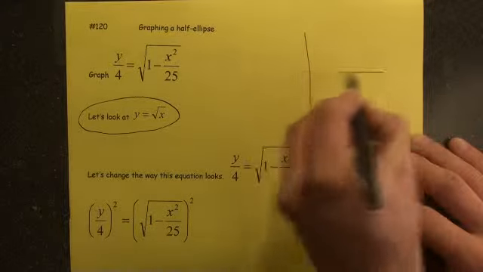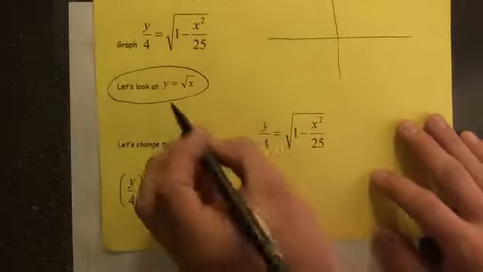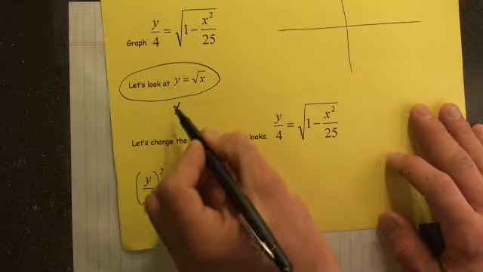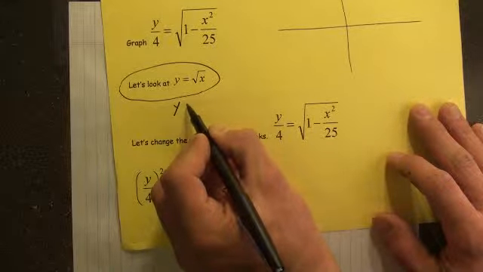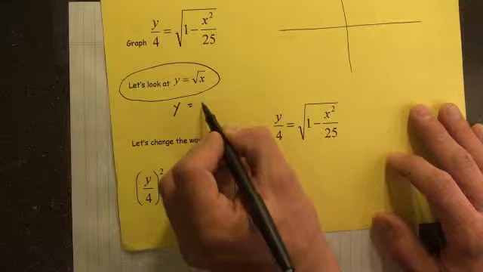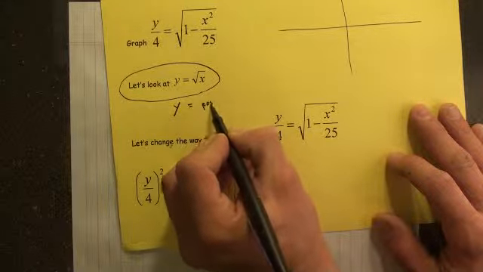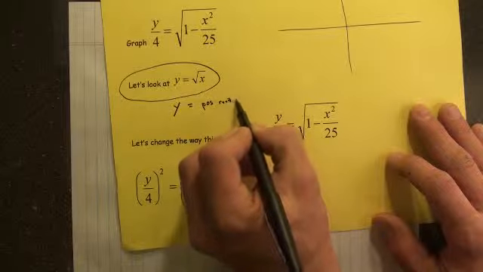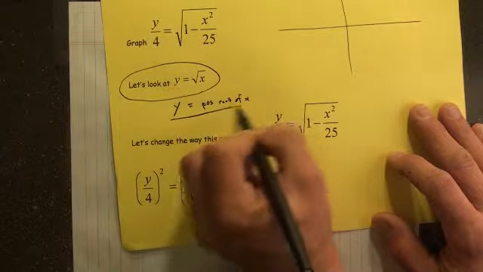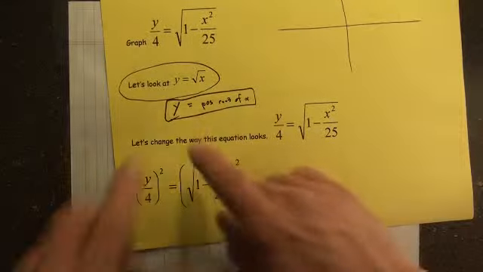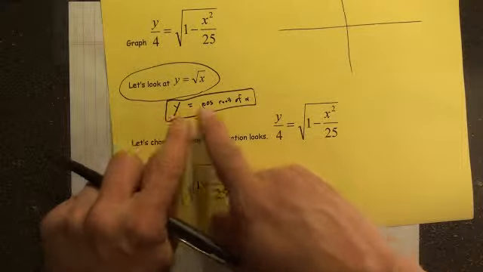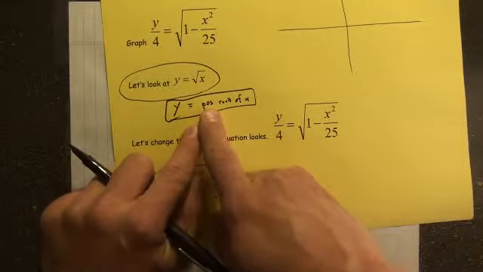Well, this particular graph is actually saying y, or the range values, are equal to the positive root of x. What does that mean? It means y will be positive.